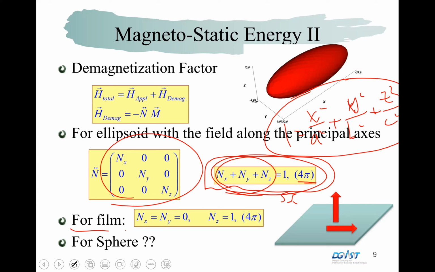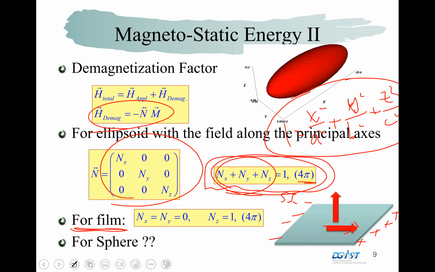Anyway, according to this idea, we can easily obtain some very important geometrical cases. For example, the film, which is very important in many applications. In that case, the film means we assume an infinitely large film. Then we think about the physical meaning of the demagnetizing field. It means if you have a moment inside the film, it generates the north pole at one end and the south pole at the other end.